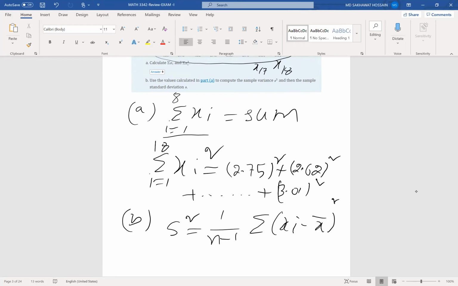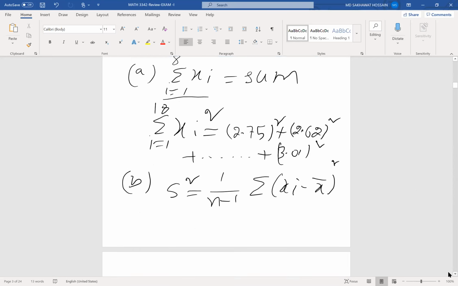So this is one formula to calculate the sample variance, and there is another formula, which is 1 over n minus 1 summation of xi square minus n x bar square.